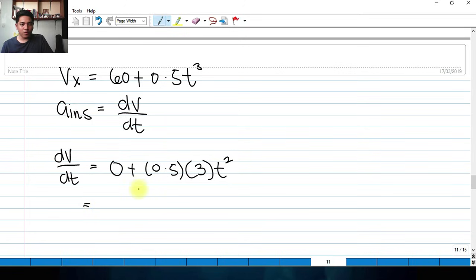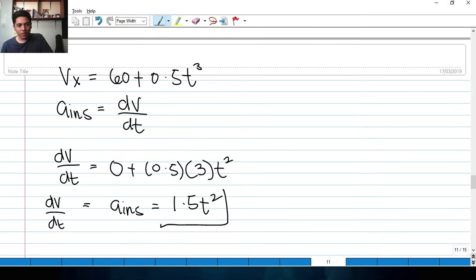Okay? So our expression for dv over dt, or the instantaneous acceleration at any time t, is simply given by 1.5 t squared. What does this mean? We can find the instantaneous acceleration of the car at any time t using this equation. So the problem is actually asking to find the instantaneous acceleration at 1.0 seconds.